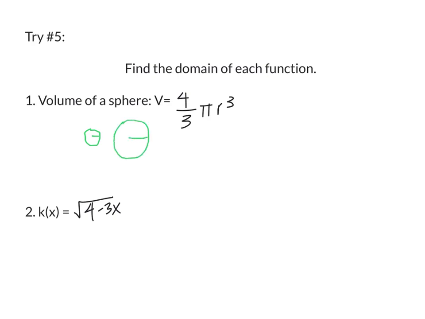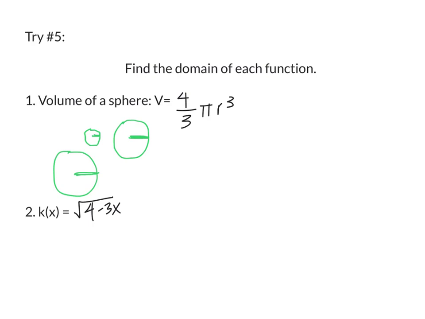What type of radius can I not have? Hopefully you could say that it can get larger, so it can be infinitely large, but what it cannot do is be a negative number. In fact, it cannot even be 0. If I had a radius of 0, it wouldn't exist.